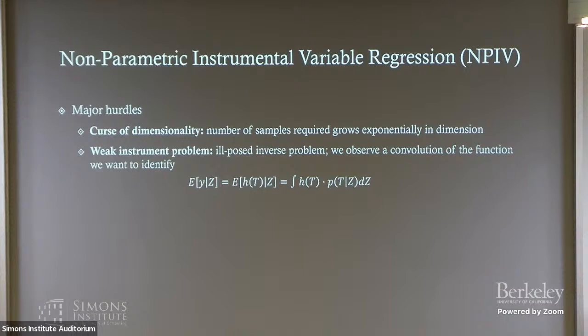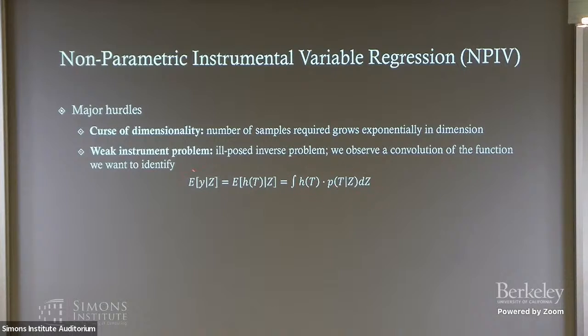And so even with a small number of variables, you're going to get a very slow convergence rate on your estimation. So that was one motivation to try to bypass this curse of dimensionality using more modern statistical and machine learning techniques. The other major hurdle in non-parametric IV is what's known as the weak instrument problem. The fact that the problem that you're trying to solve is basically what is known as a linear inverse problem.